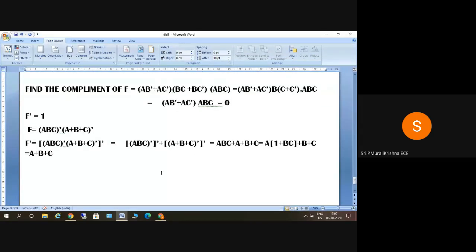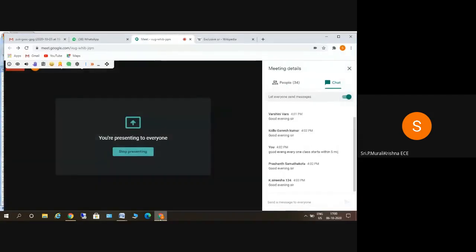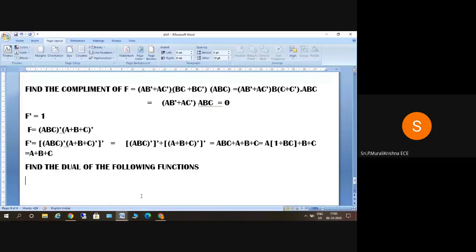And the last problem: find the dual of the following functions.